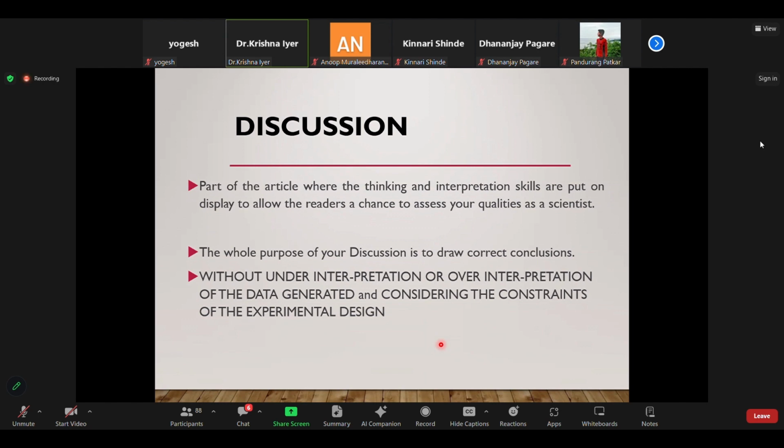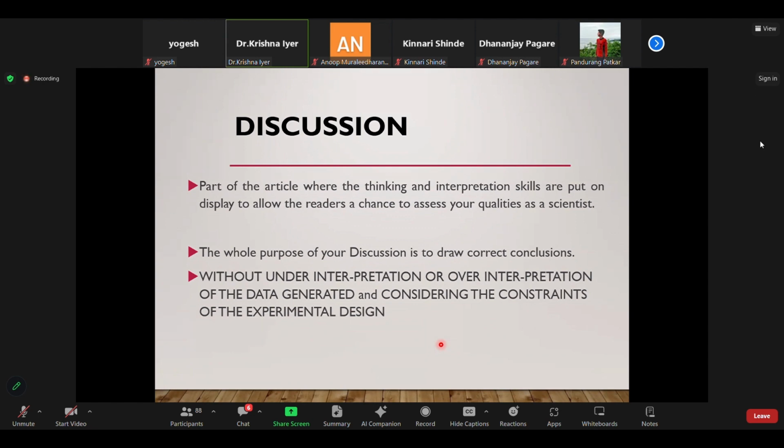Or you might make the other type of error, which is even more dangerous, in the sense that you over-interpret the results so that they are in sync with your hypothesis, even though at first glance it appears not so. This is a temptation which we all have because we sometimes forget how we have done the experiment and what the limitations of the experimental design are, and the fact that the limitation doesn't allow you to draw this conclusion is conveniently set aside as you decide to over-interpret the results.